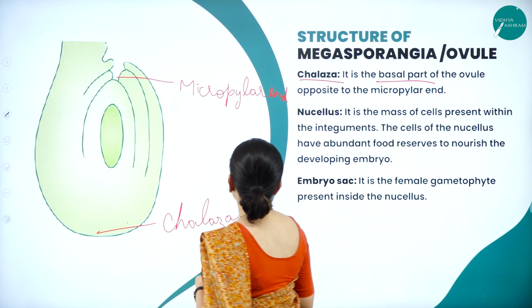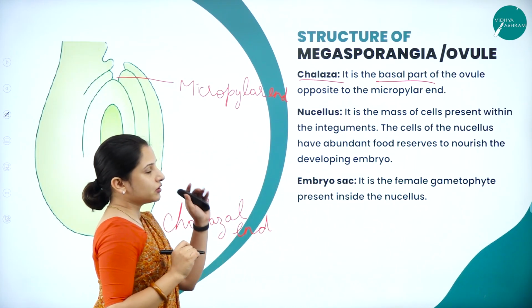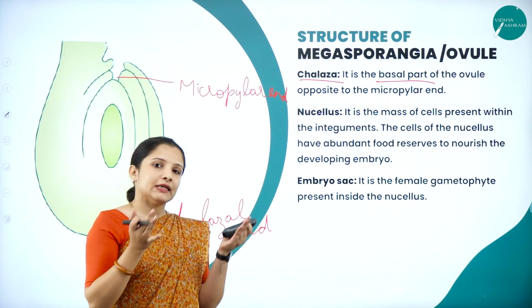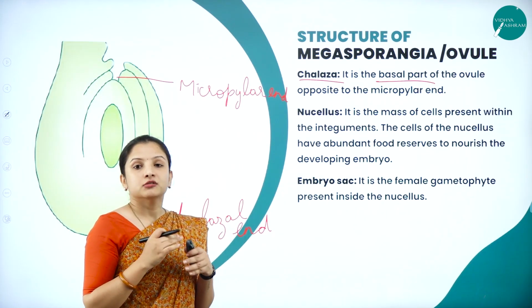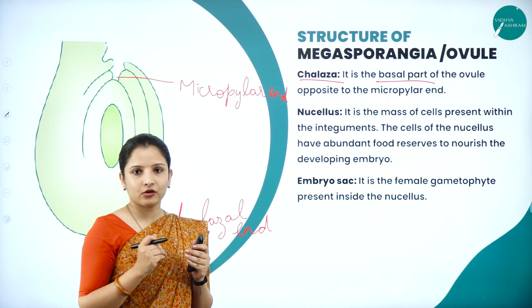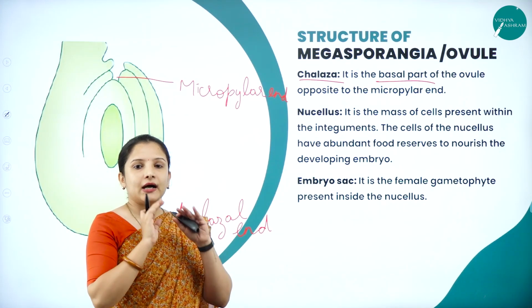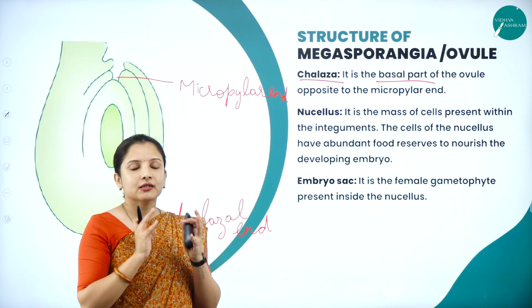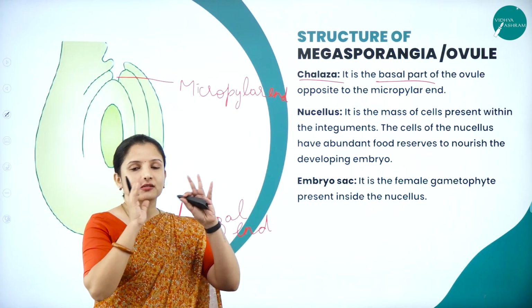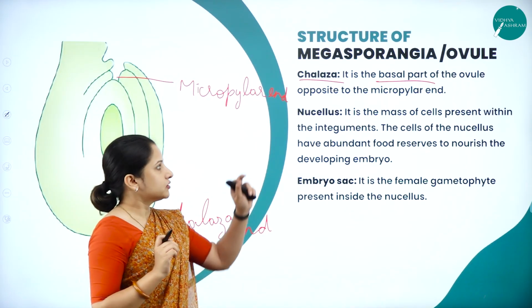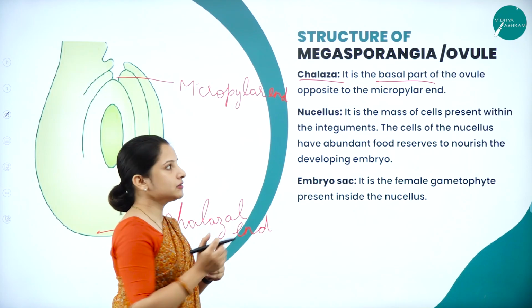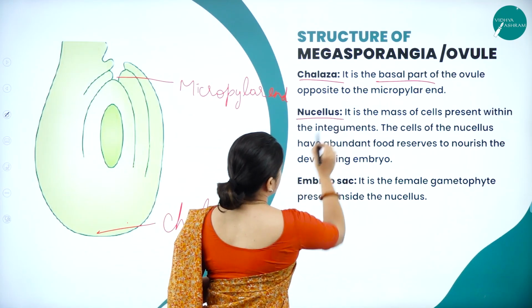So next we'll move on to the nucellus. Nucellus is present inside the integuments. So let us brush up. What are the integuments? Integuments are the layers or the thick hard envelopes that cover the ovule. So inside the integuments, you have the nucellus.